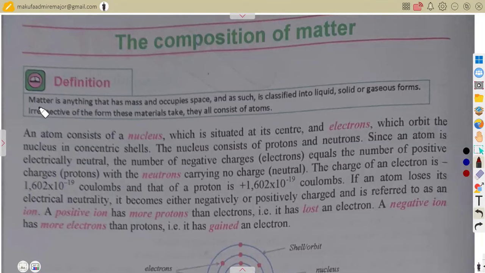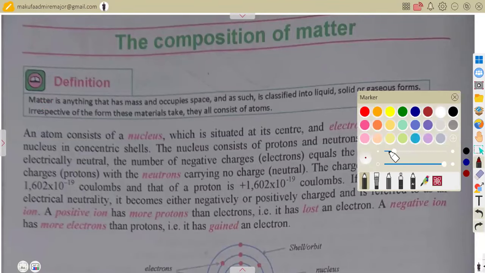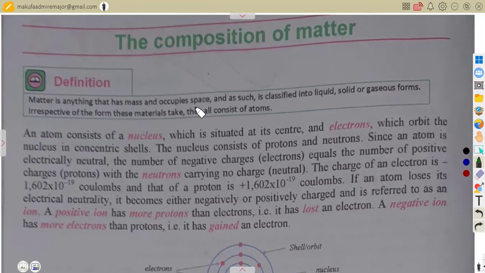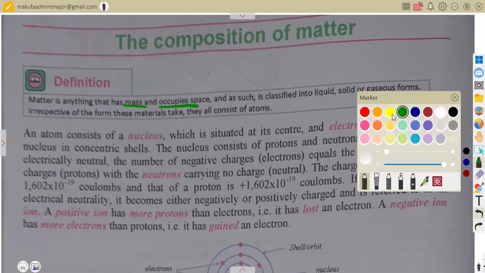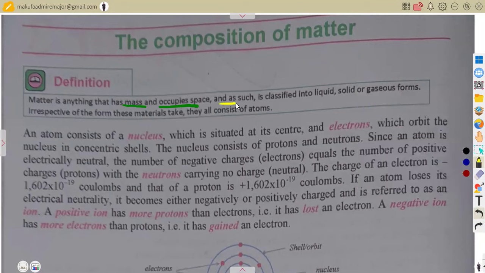By definition, matter is anything that has mass and occupies space. As long as it occupies space, it is classified into liquid, solid, or gaseous form.